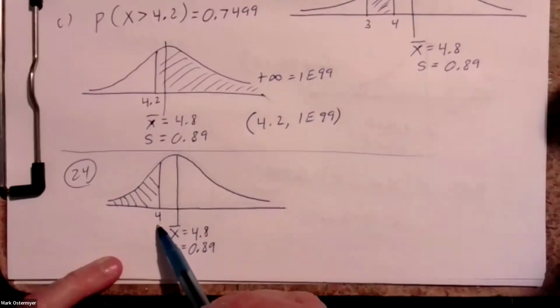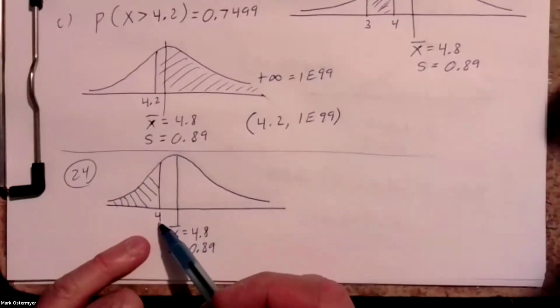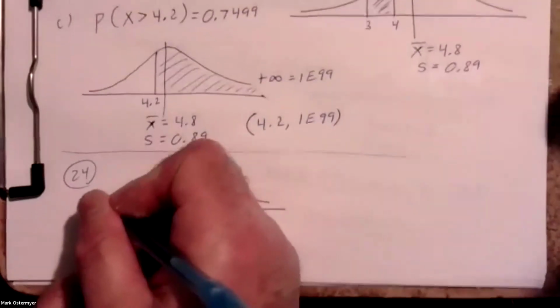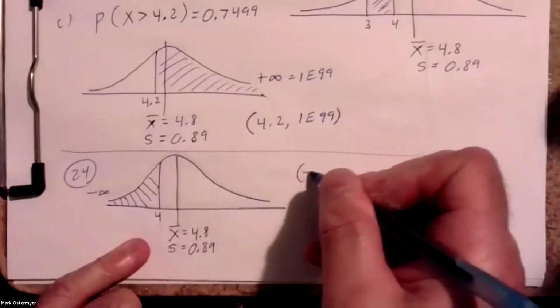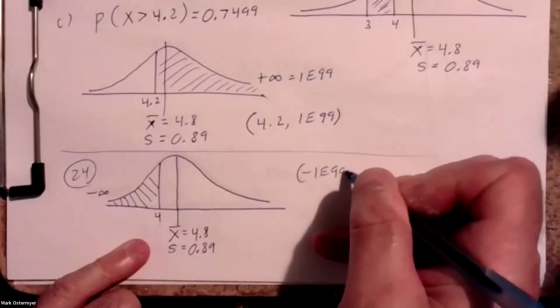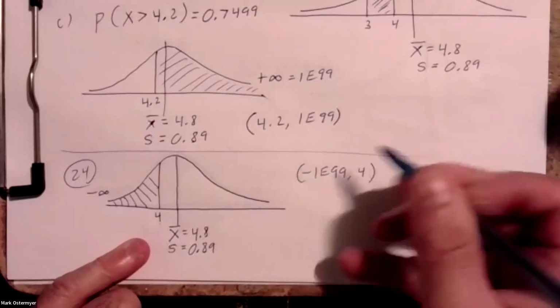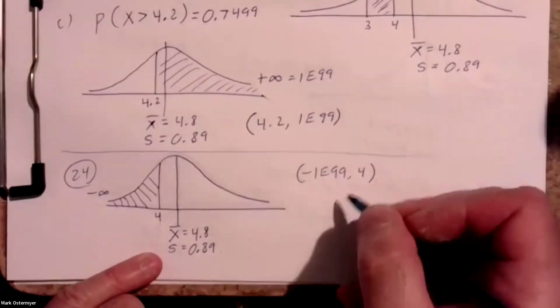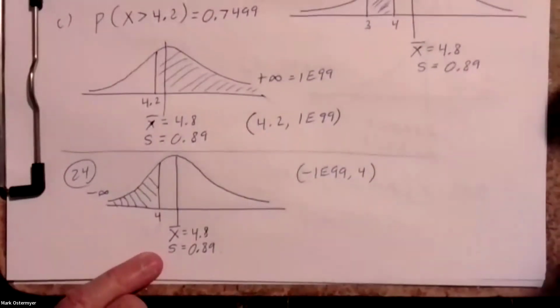So I stand corrected. We need to use our normal calculator to answer this question, the same one we used for all the other problems up to this point. Our lower endpoint is negative infinity, which is negative 1e99. Upper endpoint is 4. The mean of the distribution is 4.8. The standard deviation is 0.89. Let's take this to the normal calculator.